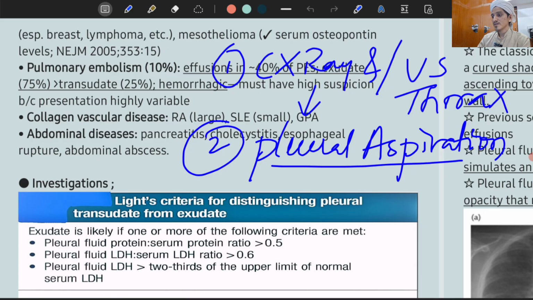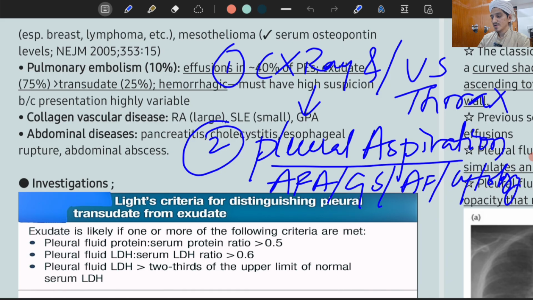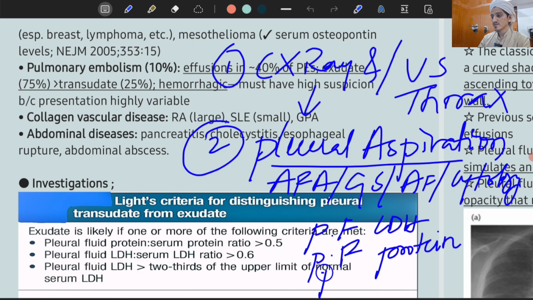For diagnostic purposes, you will do pleural fluid analysis along with gram staining, acid fast staining, and cytology with differential counts, pleural fluid LDH, pleural fluid protein, and pleural fluid glucose.